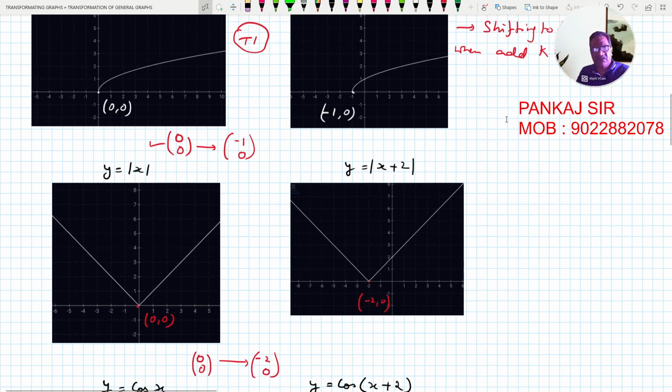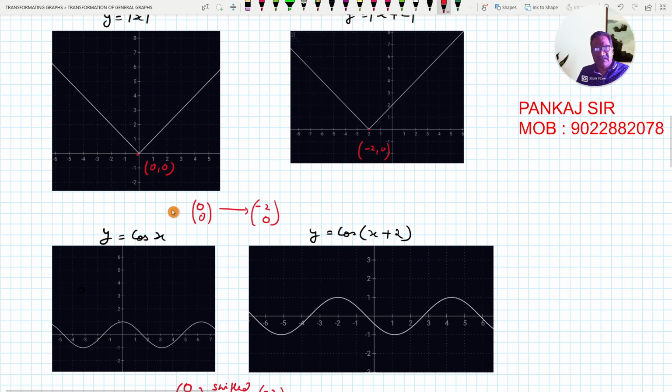So you can see that the point 0, 0 in the parent function has been transformed to minus 2, comma 0 in the transform function. Now, why minus 2? Because 0 minus 2 will give you minus 2, and the y coordinate you have to keep as it is. So it is 0, so this will also be 0.